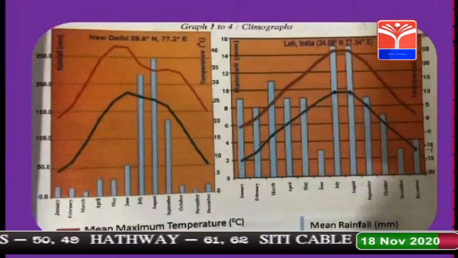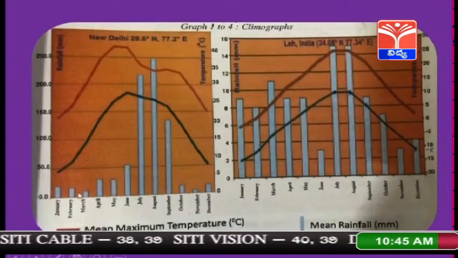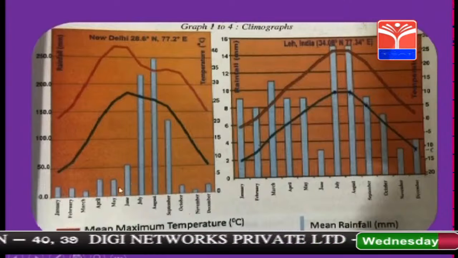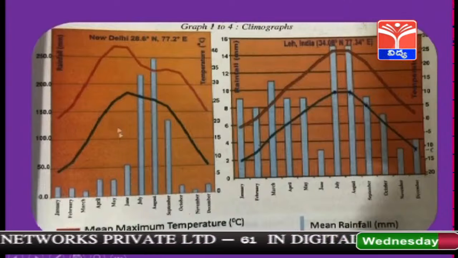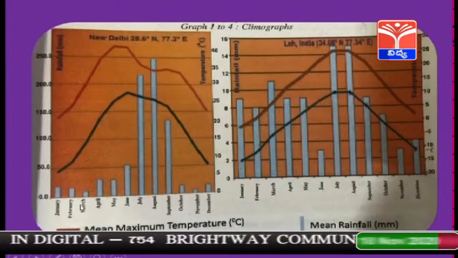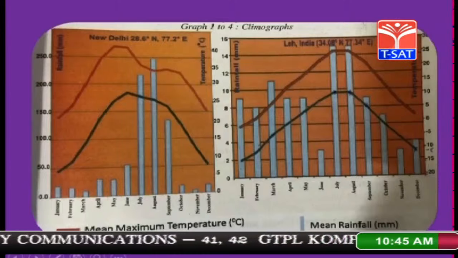This is an image from your textbook. Now, as I told you, rainfall has to be shown in blue color, and on the same graph two temperatures also can be plotted, like mean maximum temperature and mean minimum temperature.